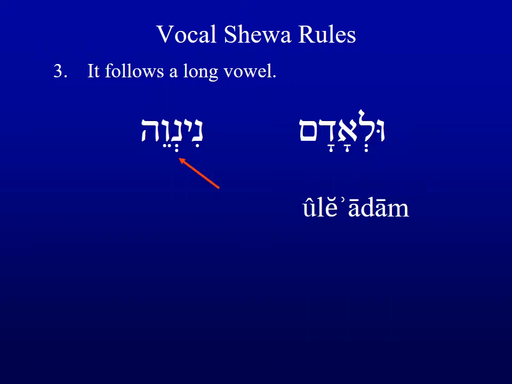Same case with this schwa. If you look in the preceding syllable, you'll see a long vowel chireq yod. So this schwa will also be vocal, and this word will be pronounced Nineveh. You may recognize that as the word for Nineveh, the capital of the Assyrian Empire.